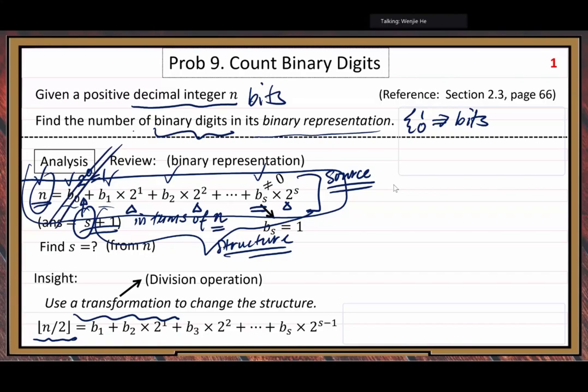B0 could be 1. When B0 equals 1, that corresponds to the fractional part. For all the other terms, there is no fractional part. So that's why after division by 2, nothing comes from the first term.